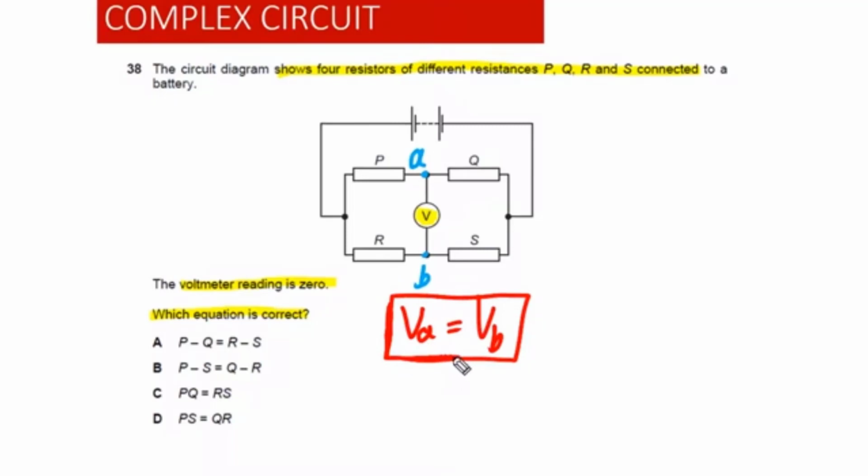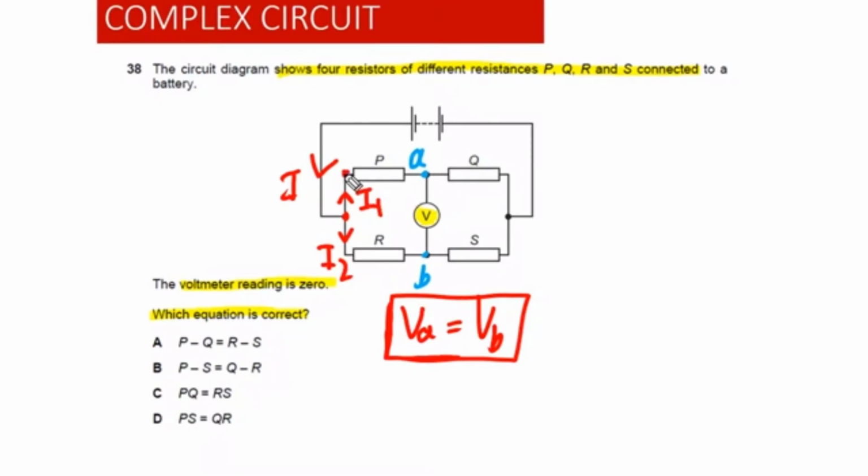Now let's say the current coming from this battery is I, and at this junction current I will split into two parts. Let's say I1 is passing through resistor P and I2 is passing through resistor R.